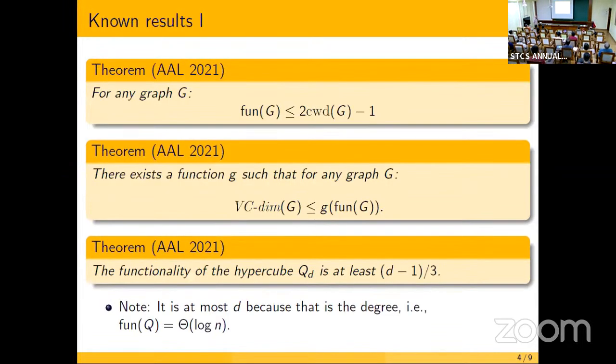Okay, so what were the known results about the functionality? It was related to other graph parameters.